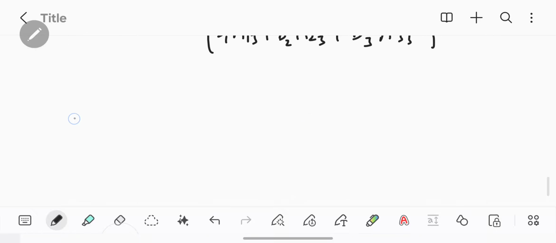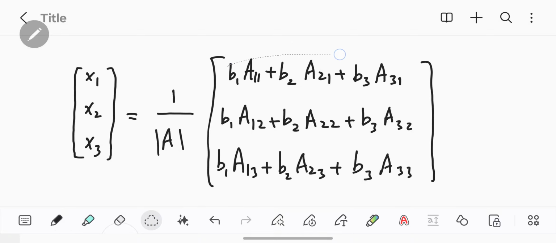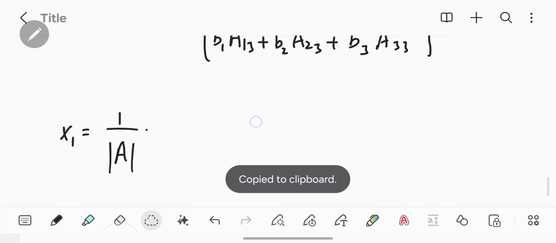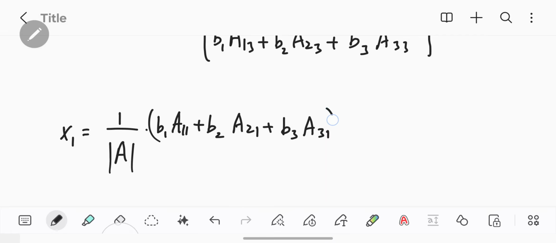Let me write first x1. x1 is 1 over determinant of A times the first row of the matrix. So the first row of the matrix is this one, okay?